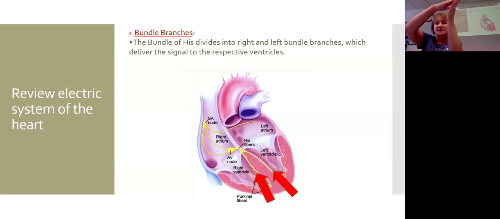The bundle of His branches off into two different branches because one goes to the right ventricle and one goes to the left ventricle. And remember, these are just electrical pathways carrying that signal to then tell the ventricles, contract, contract, okay?